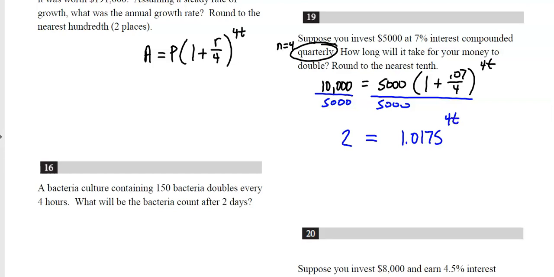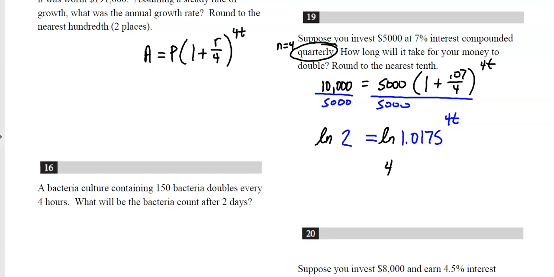And now we do have a variable in our exponent. We do have the base isolated. So I think now I could take the log or the natural log, doesn't really matter. Maybe I'll just do natural log because I feel like it. Natural log to both sides. And remember, I can bring the 4t to the front.